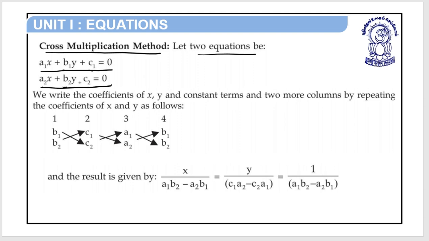So first write 1 2 3 4: B1 C1 B2 C2. Here A1x plus B1y plus C1 is equal to 0, A2x plus B2y plus C2 is equal to 0.